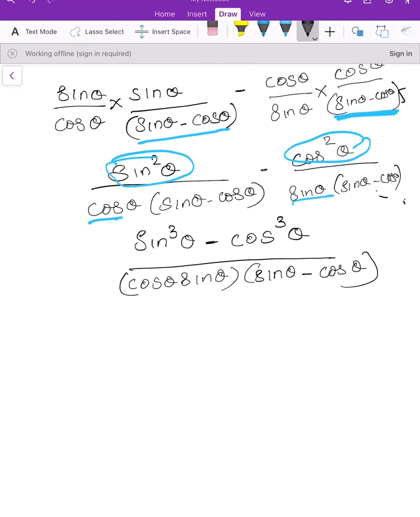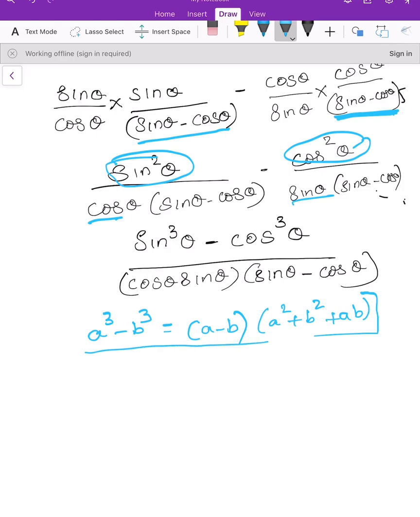Now I will use the algebraic identity a cube minus b cube. What is the formula for a cube minus b cube? It is a minus b into a square plus b square plus ab. This is my algebraic identity. I am using it here because it is in the form of a cube minus b cube, where my a is sin theta and my b is cos theta.